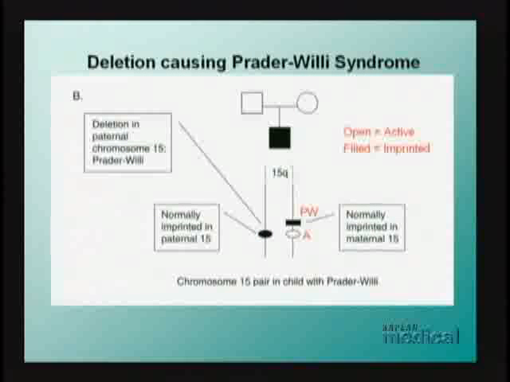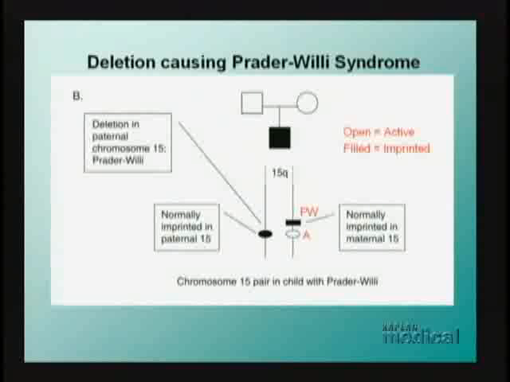However, problems will occur if we have a deletion or mutation on the chromosome from the parent that is supposed to give us the functional copy of that particular gene. In this diagram, it indicates how such a deletion or mutation could lead to the production of Prader-Willi syndrome. What this diagram indicates is that the Prader-Willi gene has been deleted from the copy of chromosome 15 that is coming from the father.